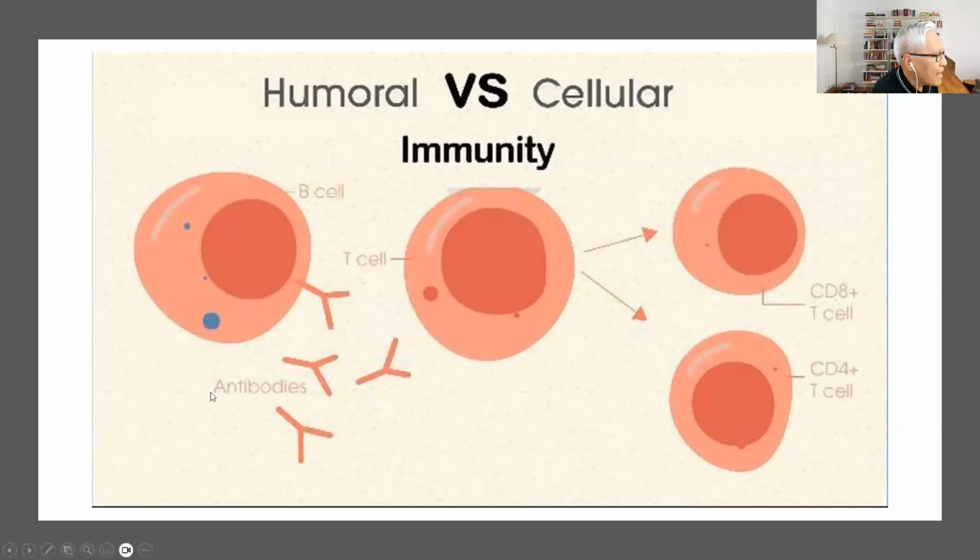These B cells right over here on the left are the ones that actually secrete these antibodies. Antibodies in the body are known as Ig, or immunoglobulin, and there are 5 types of immunoglobulin. But that's all that we're going to talk about the B cells as far as the humoral immunity.